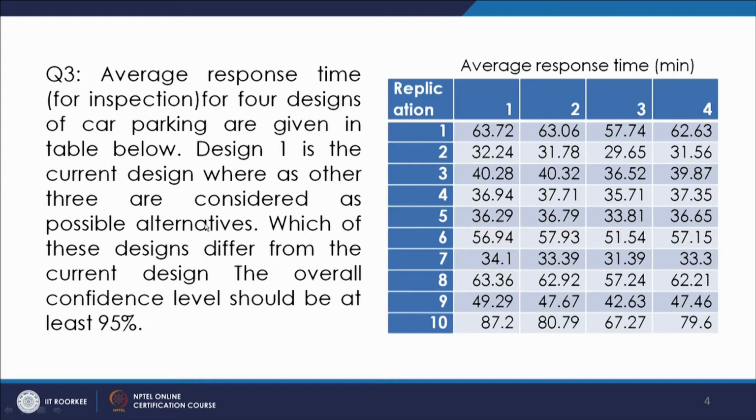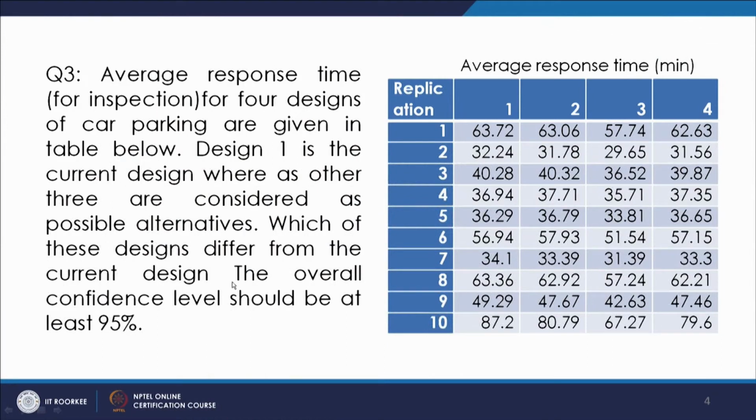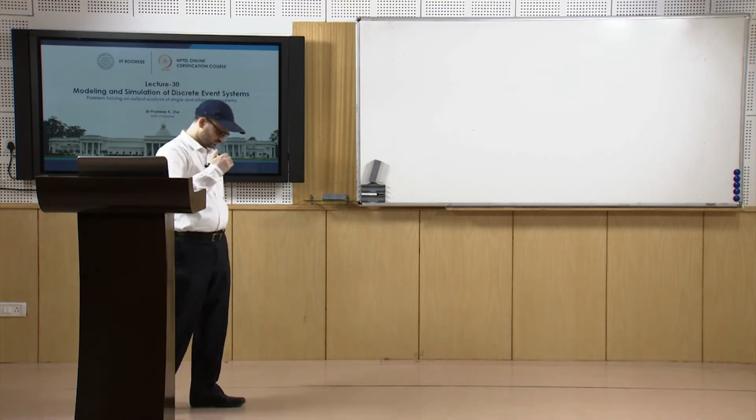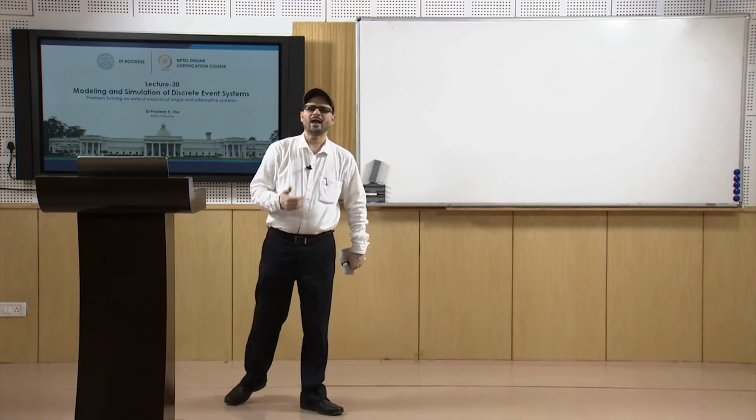So you have one design as the current design, the standard design, and the 3 designs are to be compared against that. Which of these designs differ from the current design, and the overall confidence level should be at least 95%. So in that problem you have 3 alternative systems and you have to compare all these 3 against the standard one, and ultimately suggest whether you should go for someone or not, how they behave.